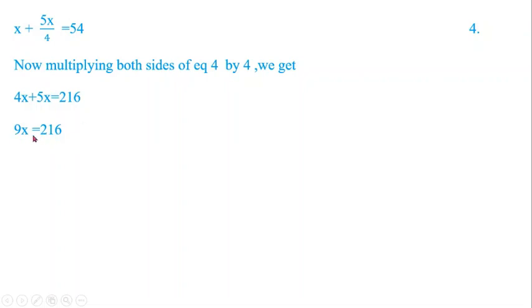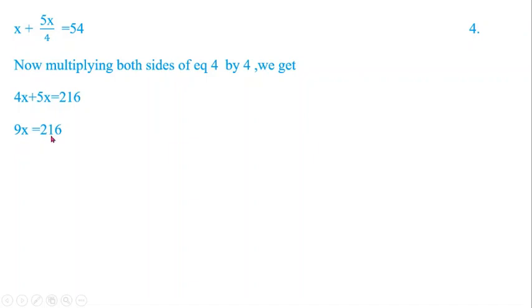Now this equation becomes a multiplication operation, where 9 is the multiplicand, x is the multiplier, and 216 is the product. To find the multiplier, we have to divide the product, which is 216, by the multiplicand, which is 9.